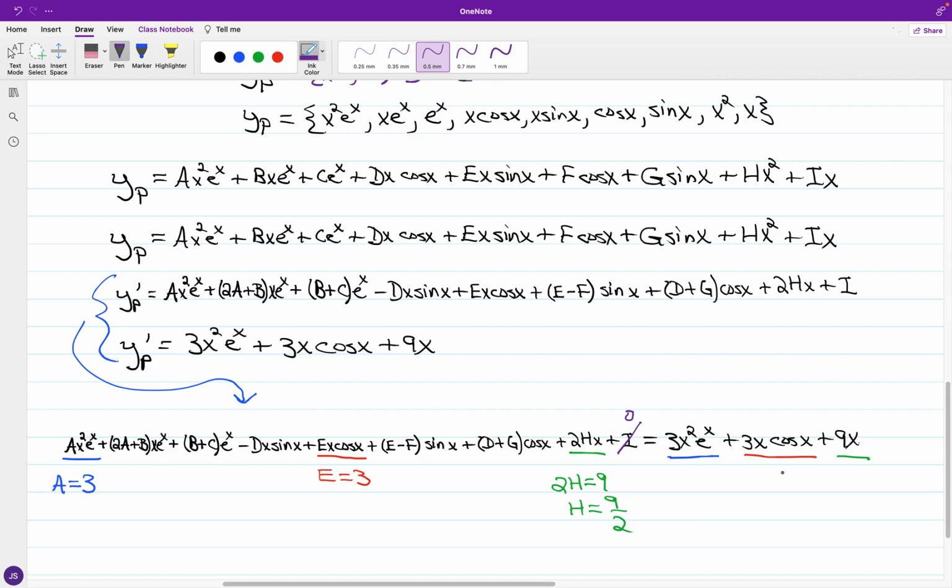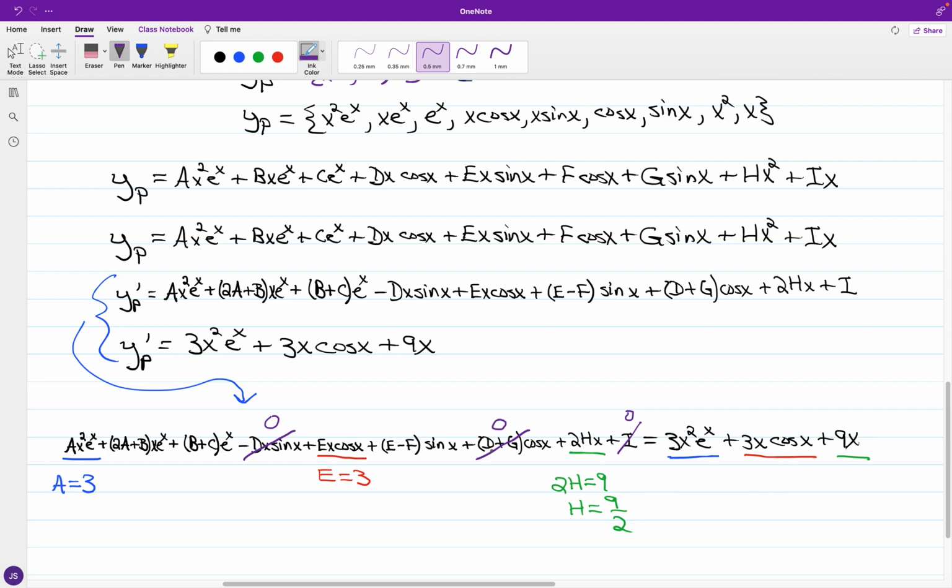Now you have dx sine of x, but you don't have an x sine of x term on the right, so d is going to be negligible. And we also have d plus g cosine of x, but we don't have a standalone cosine of x term on the right, just x cosine of x. So not only is d negligible, but g is going to be negligible as well.